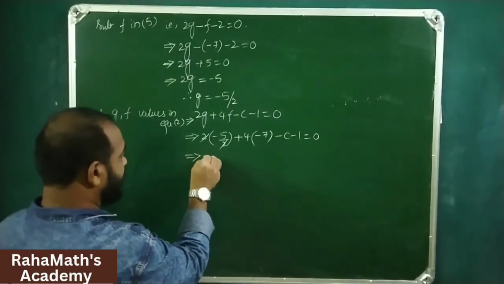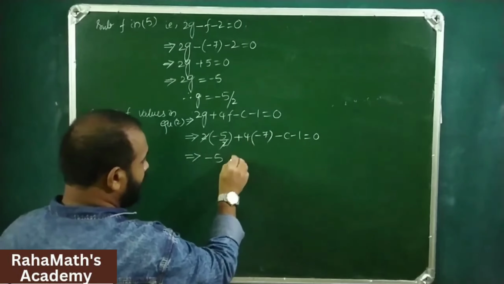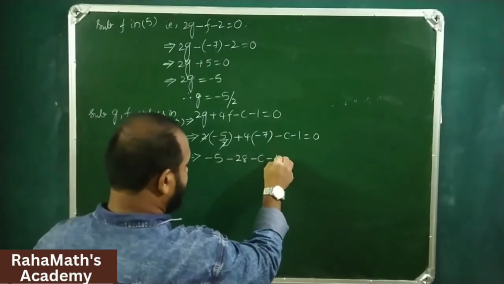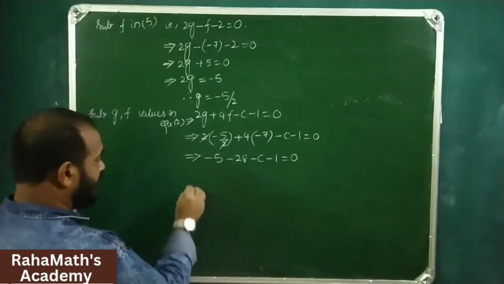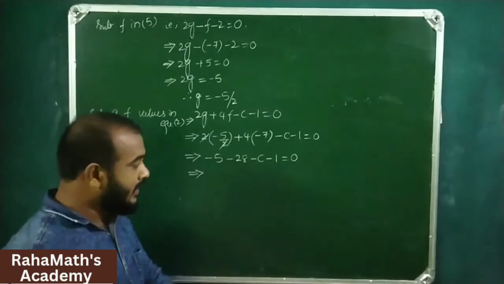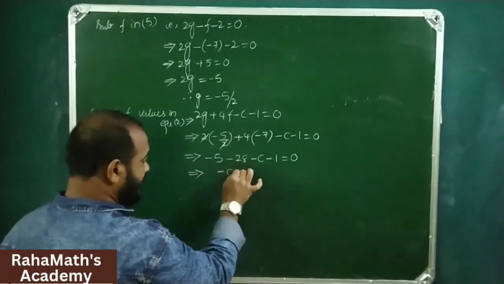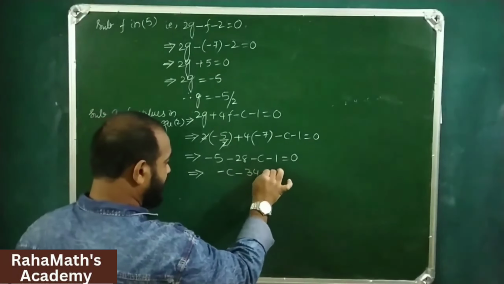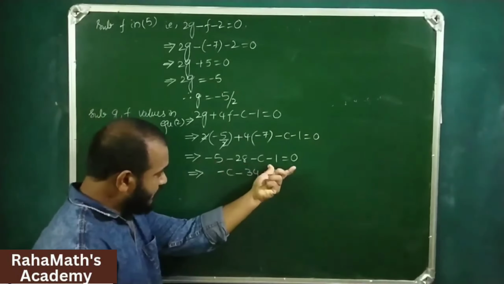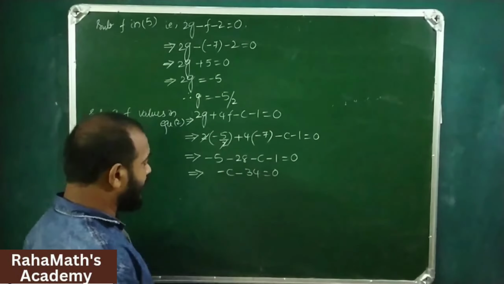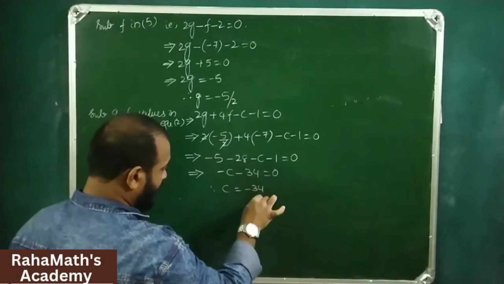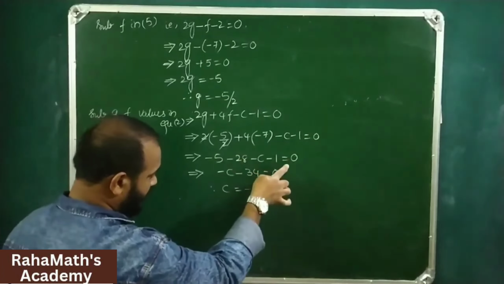So minus 5 minus 28 minus C minus 1 equals 0. This implies minus 33 minus 1 is minus 34 minus C equals 0. Therefore, C is equal to minus 34.